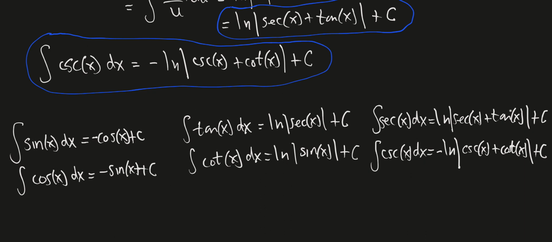And then in order to complete those problems, we have to know what the antiderivative of these 6 trig functions are. We knew these 2, but we didn't know these 4. But now we know, and knowing is half the battle.